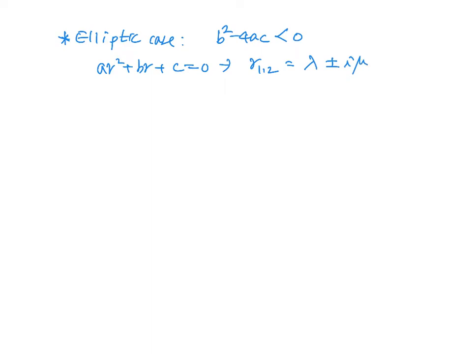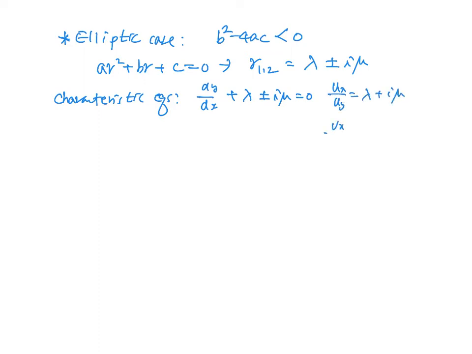So the characteristic equation will be dx over dy plus lambda plus minus i mu is equal to 0. And of course, u_x over u_y plus lambda plus i mu, v_x over v_y with lambda minus i mu.